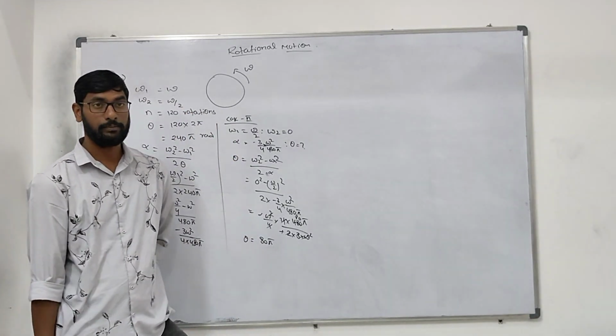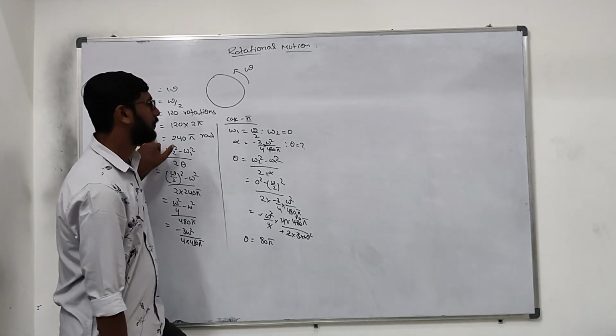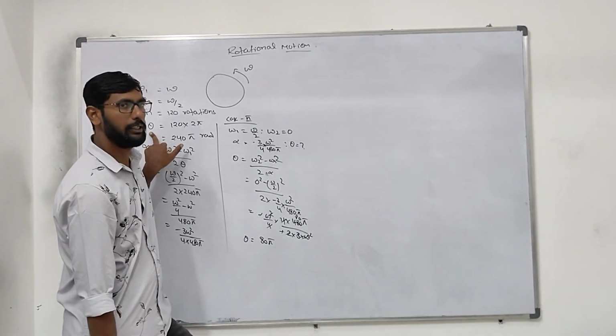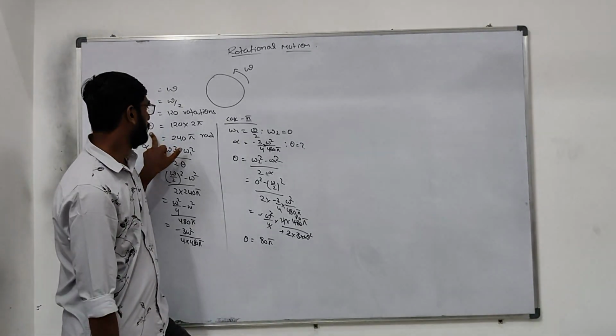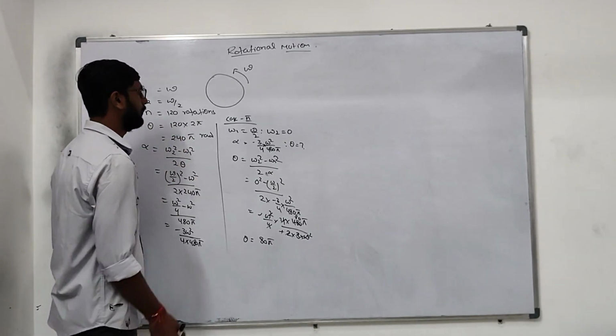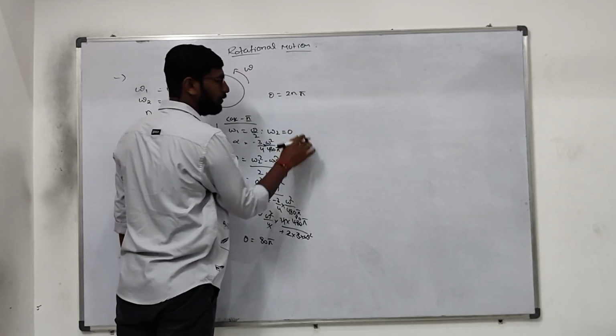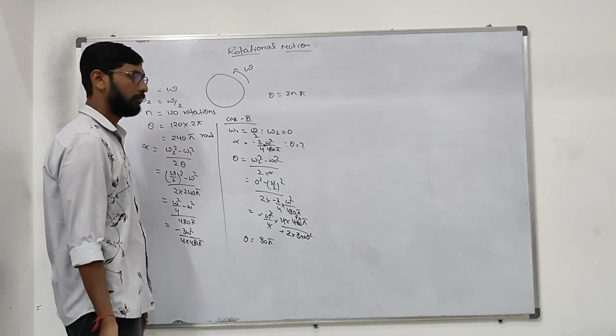How to find n? N is equal to theta by 2 pi. The relation is theta equals to 2n pi, or n into 2 pi. Right?